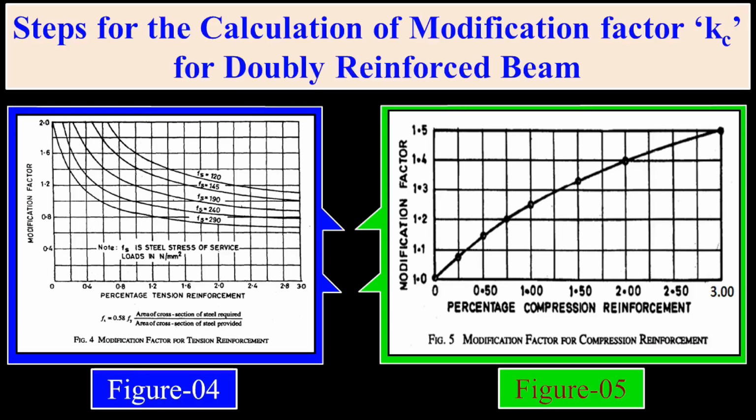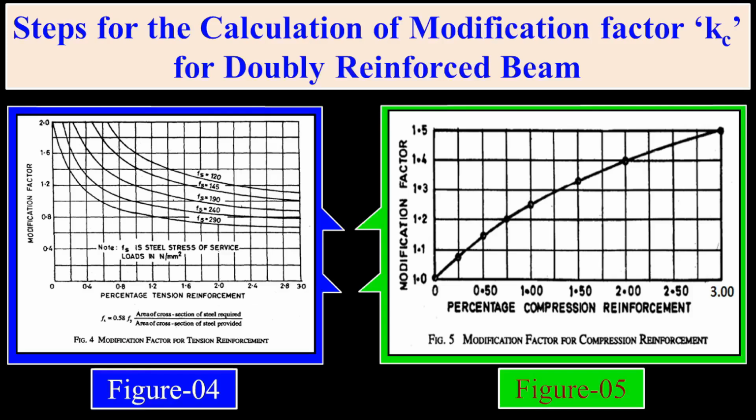On the left-hand side, we have figure 04, which we use to determine the value of KT for singly reinforced beams. On the right, we have figure 05, which is specifically for finding the value of KC for doubly reinforced beams. For our discussion today, we will concentrate our focus primarily on figure 05.